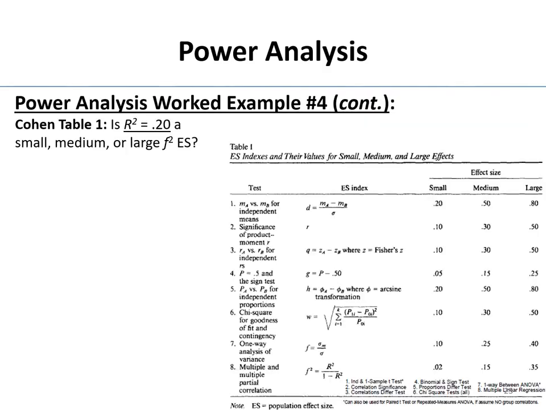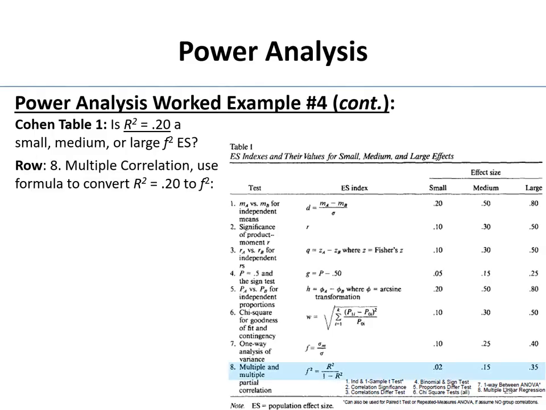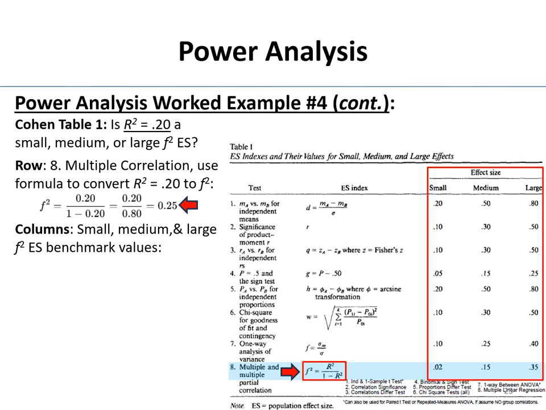So off to Cohen's table 1. Question here is, is an R squared of 0.2 a small, medium, or large Cohen's F squared effect size index? So in row 8, we have this formula that we can use to convert R squared to Cohen's F squared, which is the effect size index. There's that formula. And if you plug in the numbers, 0.2 R squared is the equivalent of a 0.25 Cohen's F squared.